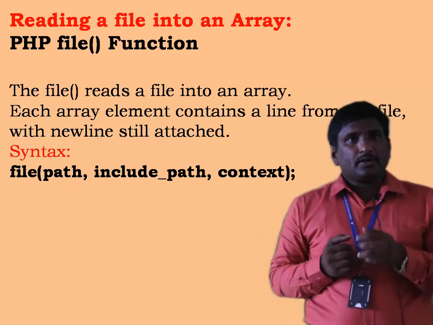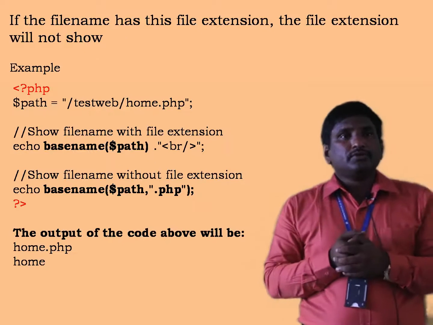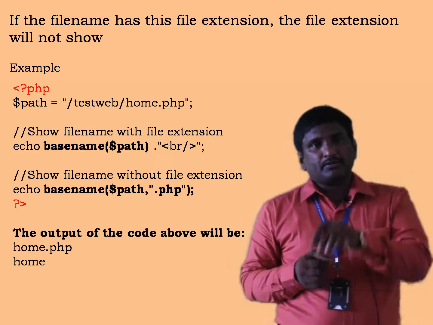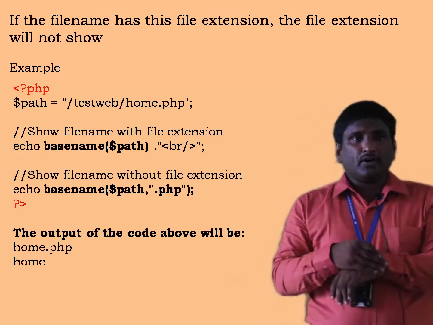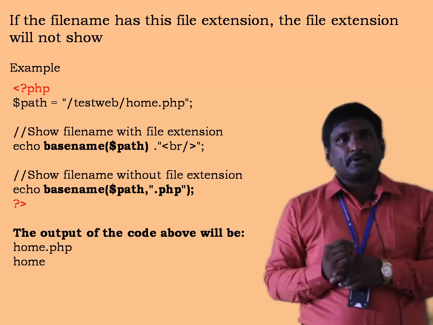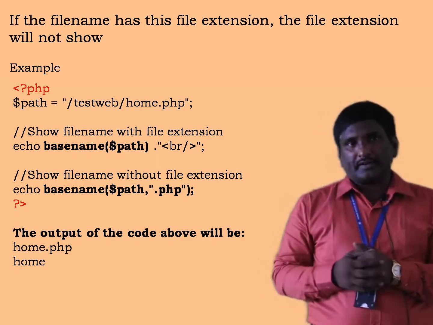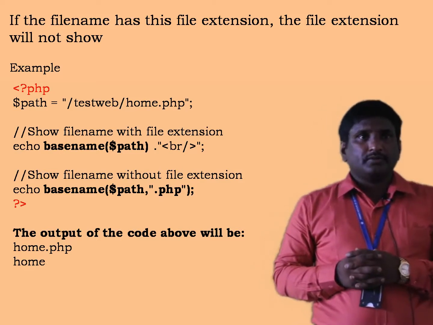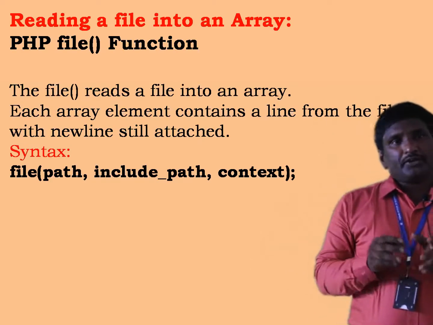For the next line, if you use basename with path and .php specified, .php will not be displayed, only home will be displayed. So basename is to know the root directory.